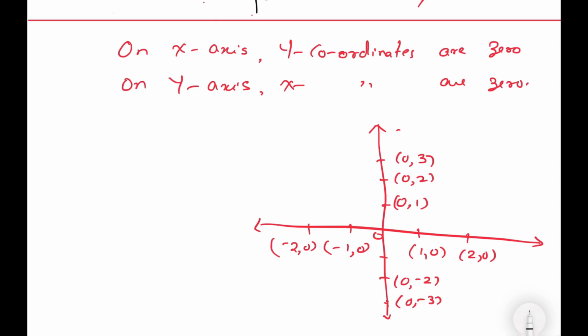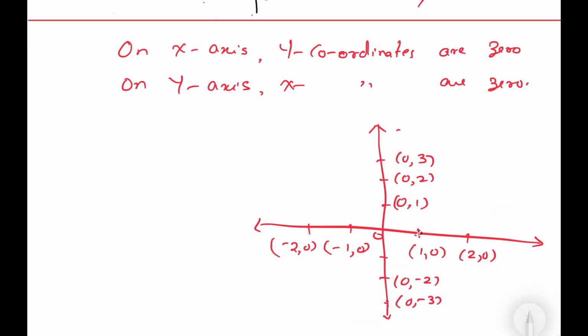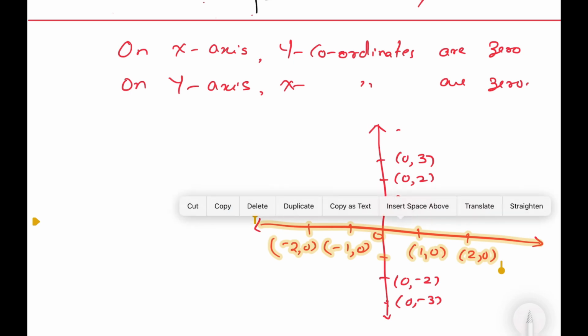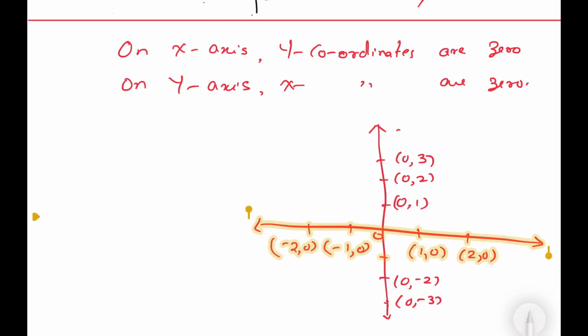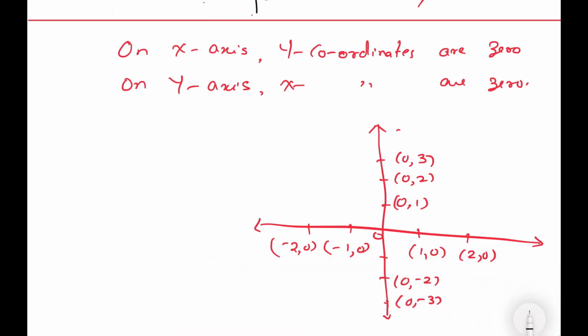And this also you have learned in your 8th standard and 9th standard. On x axis all the y coordinates are 0. So if you see here, this point is 1, 0 and this point is 2, 0 and this point is minus 1, 0, minus 2, 0. And similarly on y axis, it is 0, 1, 0, 2, 0, 3 and all this.